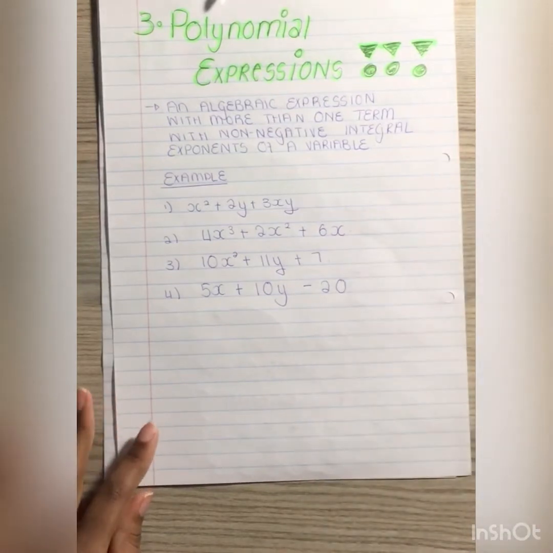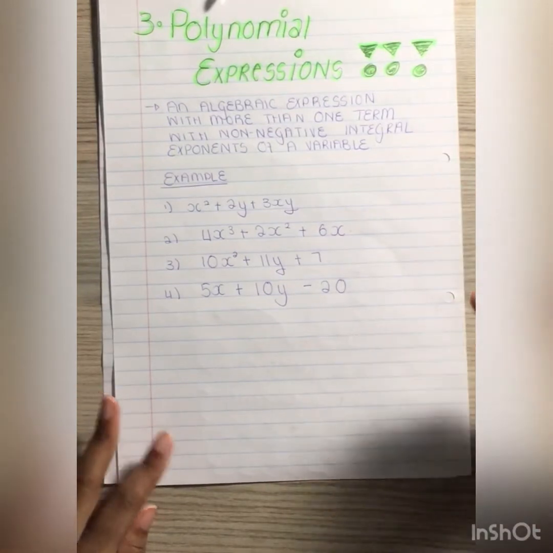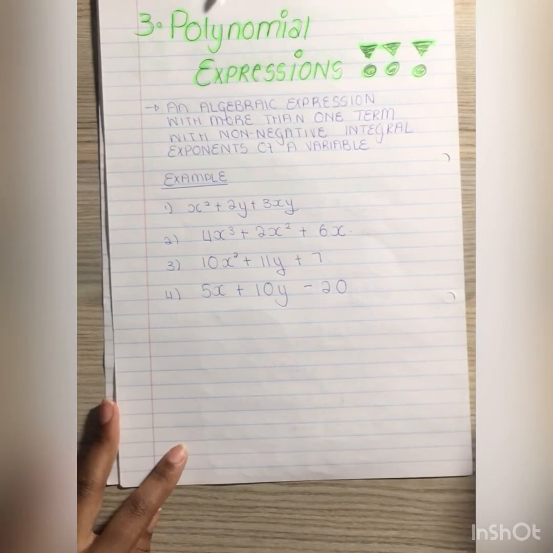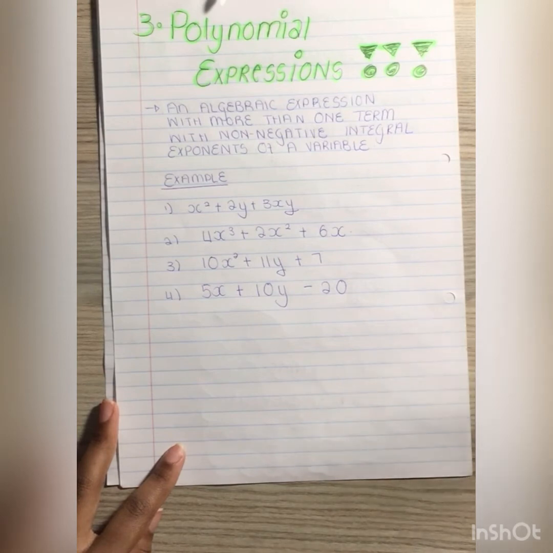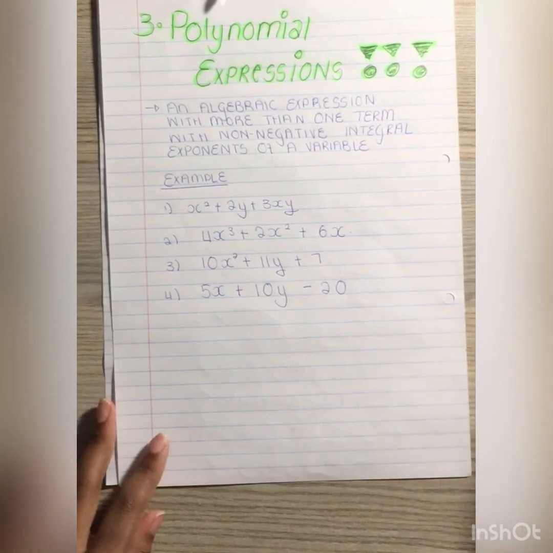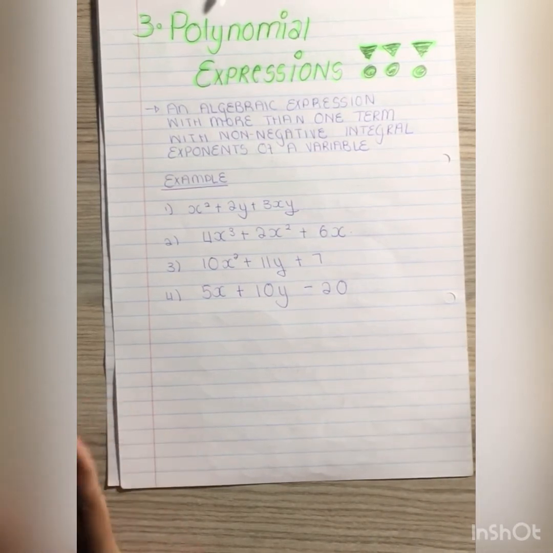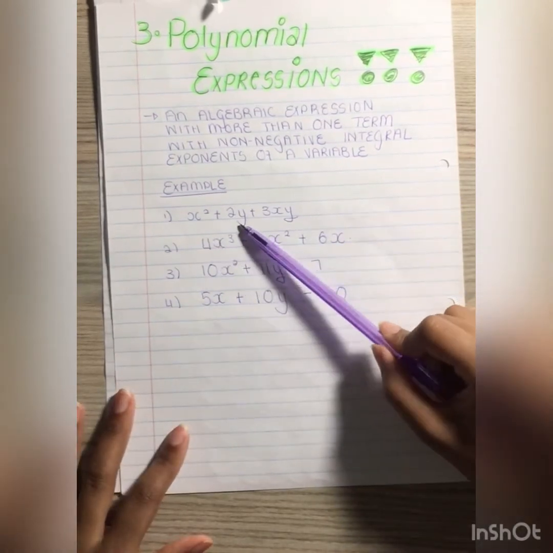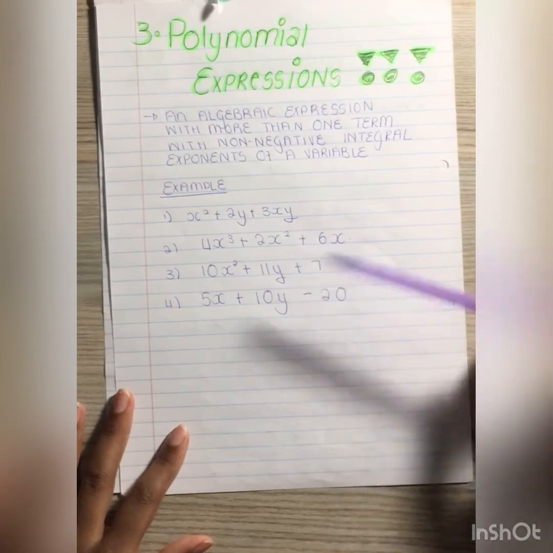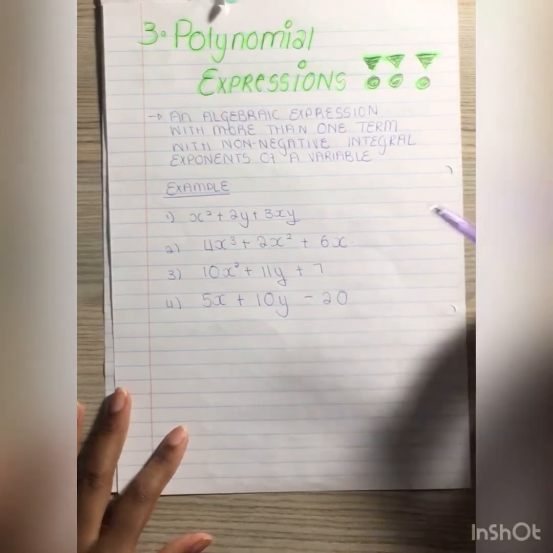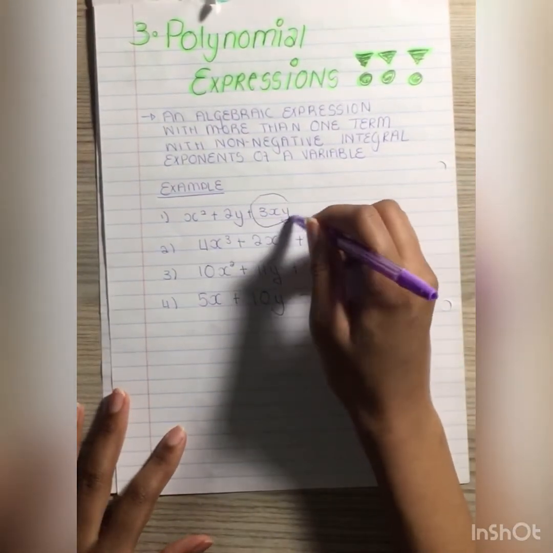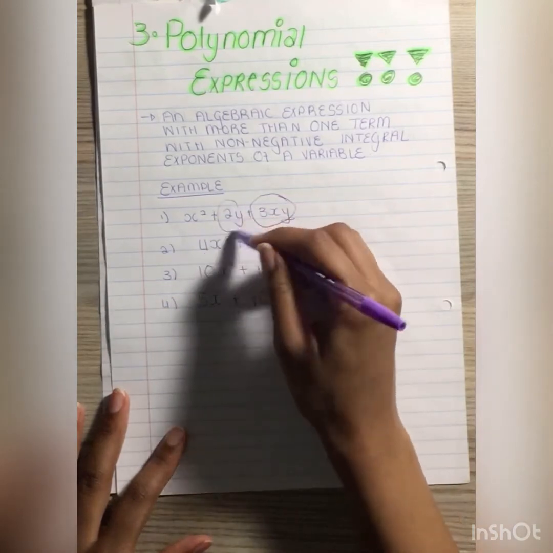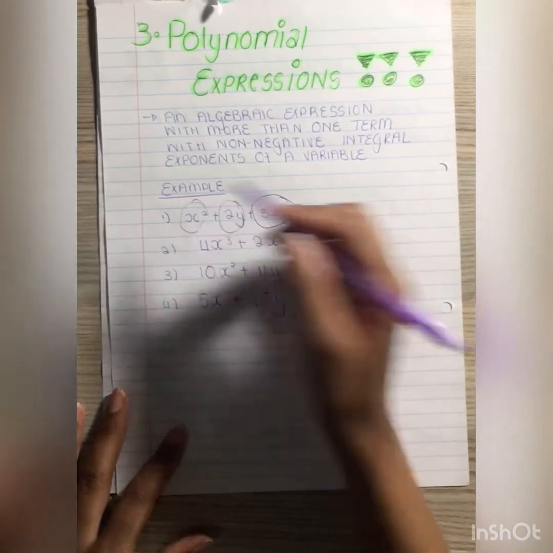Polynomial expressions are in general known as an algebraic expression with more than one term with non-integral exponents of a variable. So for example, we have x squared plus 2y plus 3xy, right? So this would be the first term, second term, third term, okay?